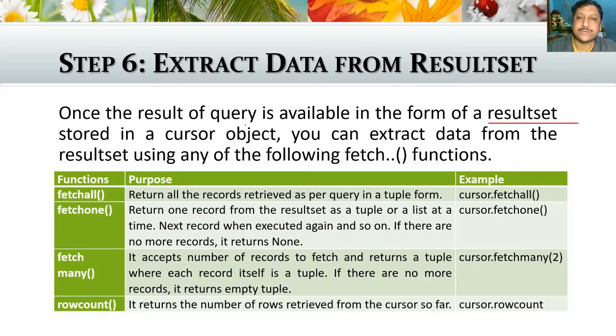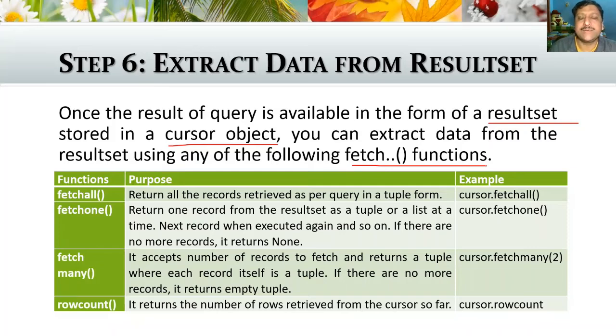Once the result of a query is available in the form of a result set stored in a cursor object, you can extract data from the result set using any of the following fetch functions. Okay, so fetch functions are given to retrieve rows one by one or all rows at a time.